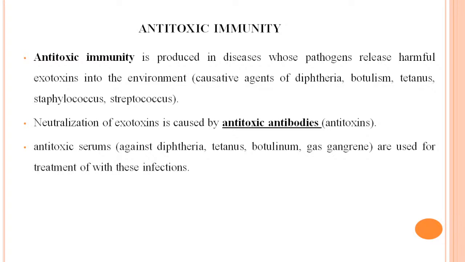Antitoxic immunity, what is it? Antitoxic immunity is produced in diseases whose pathogens release harmful exotoxins into the environment. For example, causative agents of diphtheria, botulism, tetanus, staphylococcus, and streptococcus. You remember these pathogens release very harmful toxins like tetanospasmin, botulotoxin, diphtheria exotoxin, or staphylococcal toxic shock syndrome toxin.